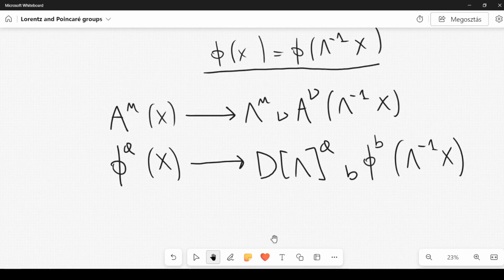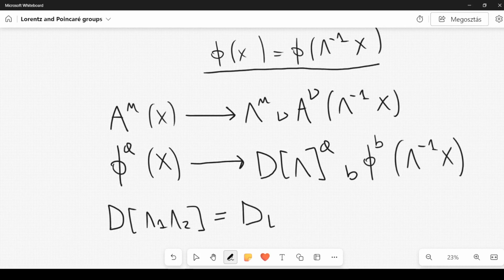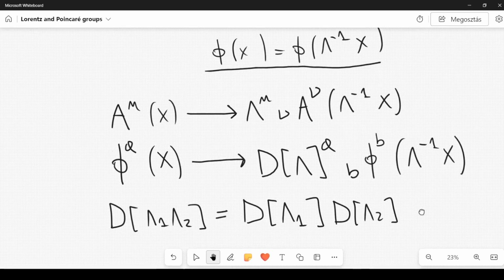So I will try to be a little bit more specific. A representation must have some important properties. For example, the representation of the product of two Lorentz transformations must be given by the product of the representations, D of lambda 1 times D of lambda 2, and some other basic properties, but so far this is still abstract.